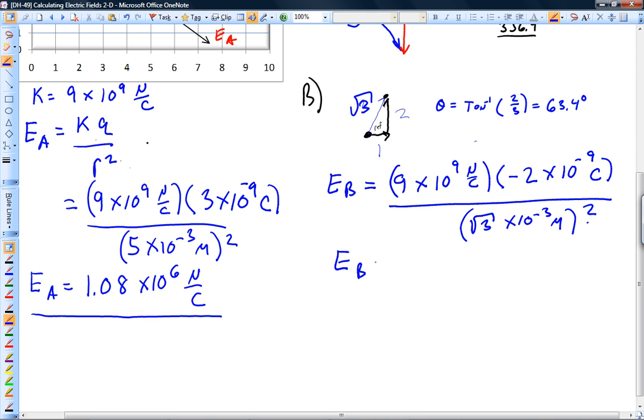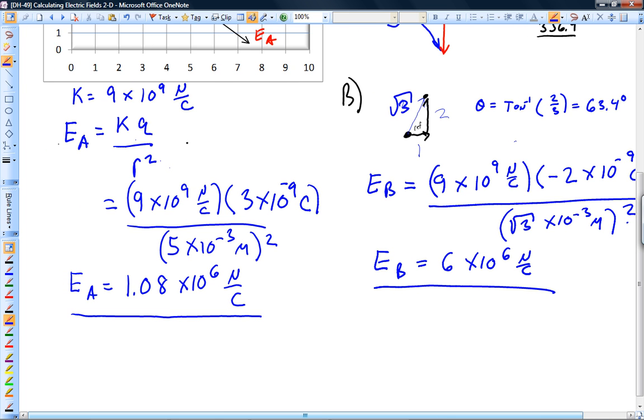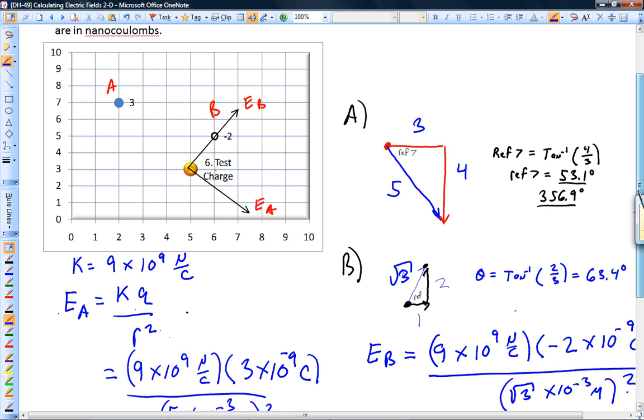And when you do that, you should get a B that is 6 times 10 to the 6 newtons per coulomb. Notice it's actually stronger than the electric field from A, which makes sense because even though it's less charge, it's much closer than A.